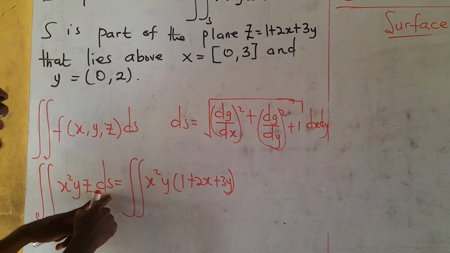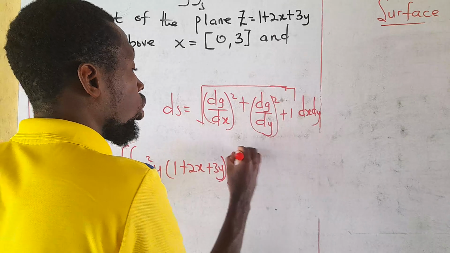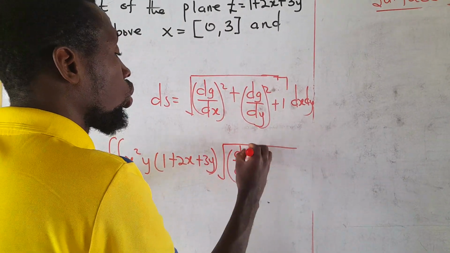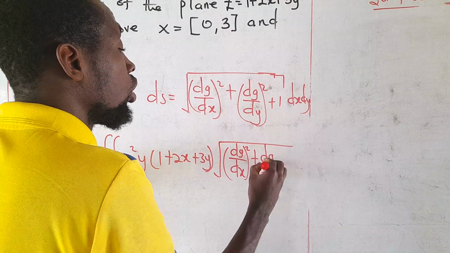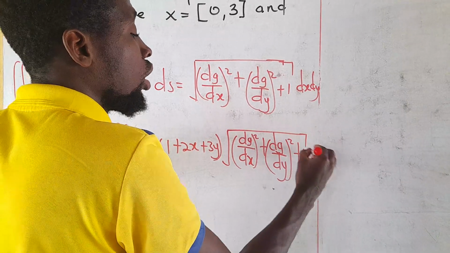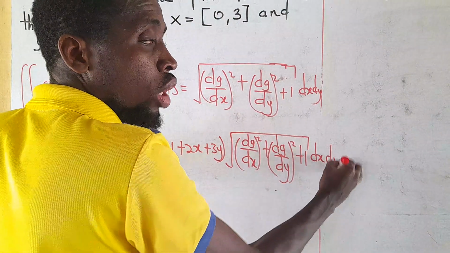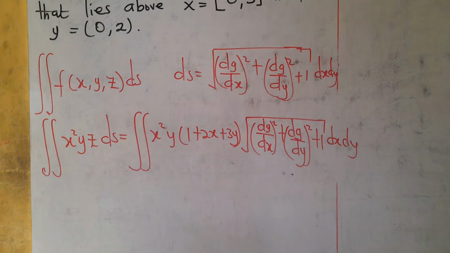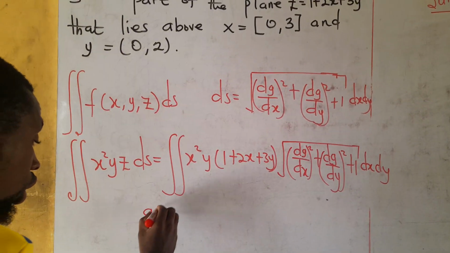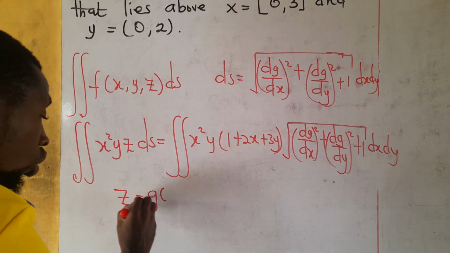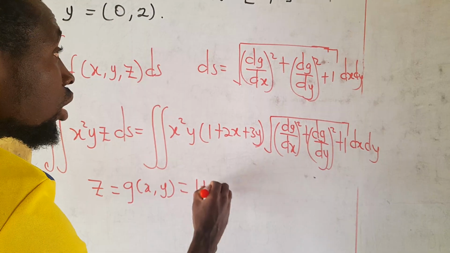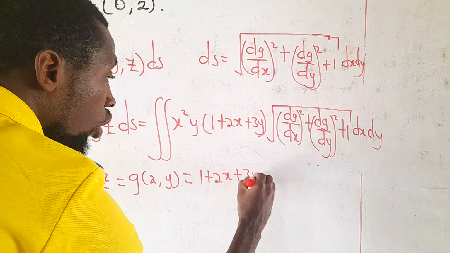And our dS is the square root of dg over dx all squared plus dg over dy all squared plus 1 dx dy. So, remember, the function g or z is a function dependent on x and y, which is equal to 1 plus 2x plus 3y.